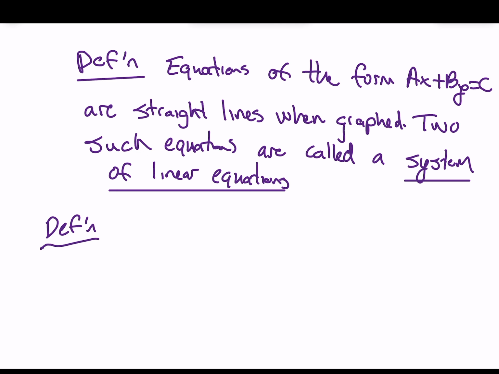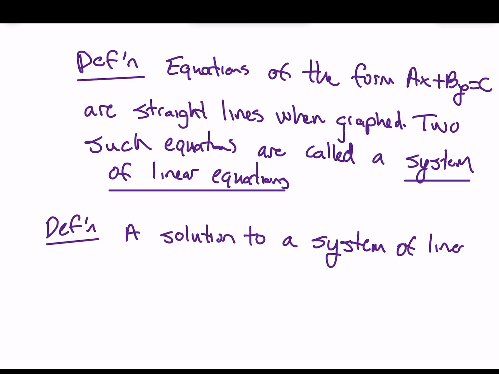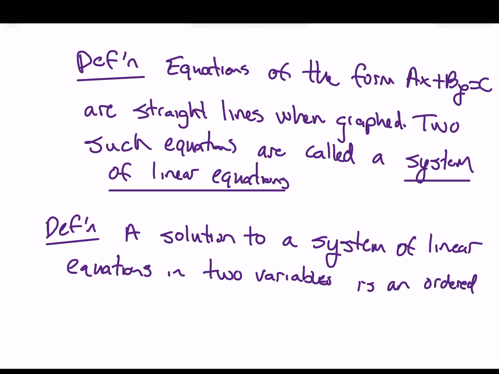One more definition. A solution to a system of linear equations in two variables is an ordered pair that satisfies both equations in the system.